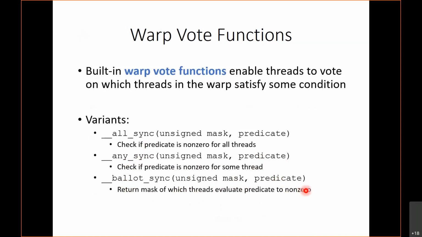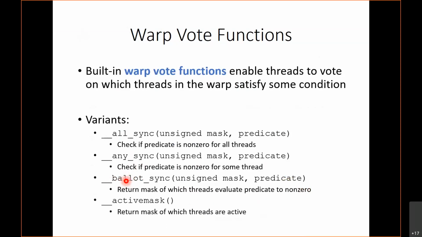So it gives me a 32-bit integer, and a 32-bit value is going to have 1 bit that corresponds to each thread in the warp, and that bit will be set to 1 if the predicate is non-zero, and it will be set to 0 if the predicate is 0. So this doesn't just tell me if the threads satisfy the predicate. It also tells me which threads satisfy the predicate.